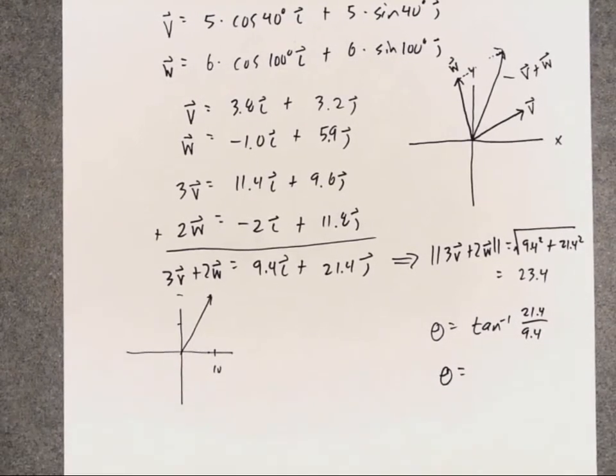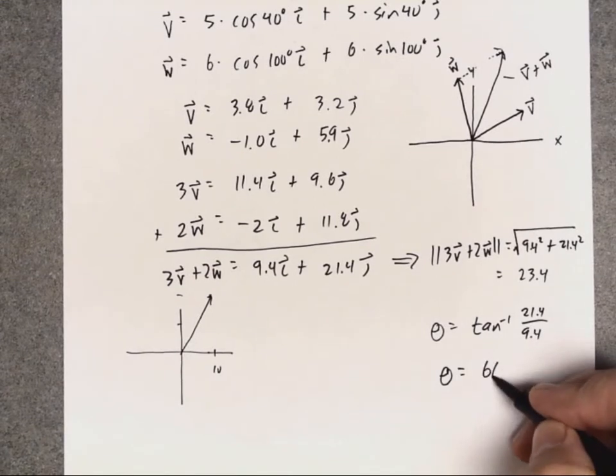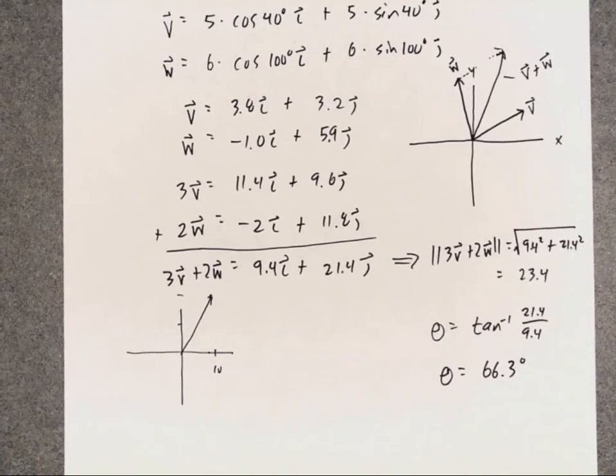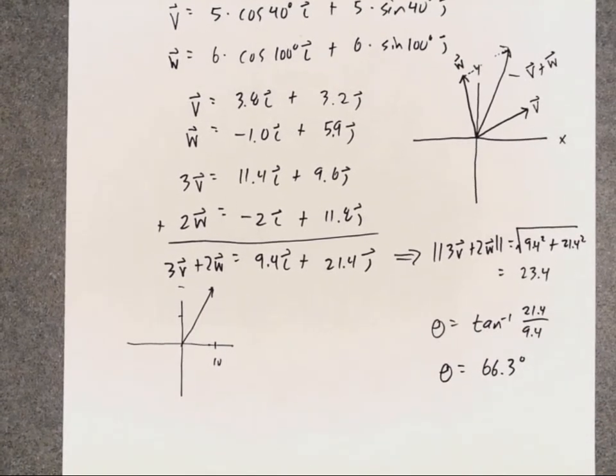So 21.4 divided by 9.4 equals, inverse tangent, 66.3 degrees. And that looks pretty reasonable. All right, so that's interesting. So that's how we add and subtract vectors.